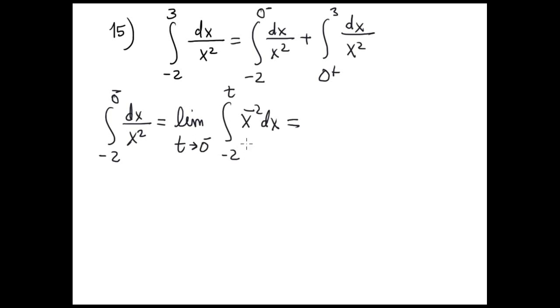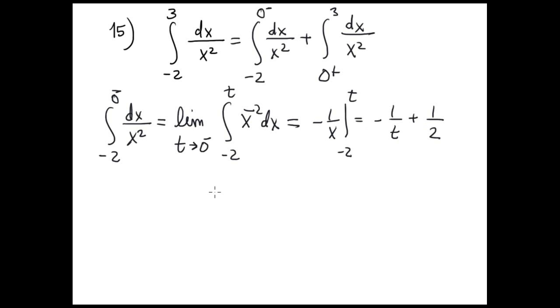The antiderivative is x to the minus 2 plus 1, which is negative 1, so negative 1 over x, evaluated between negative 2 and t. So minus 1 over t plus 1 half, because there is a negative here, with subtraction, but negative 2 doesn't the double negative become positive?